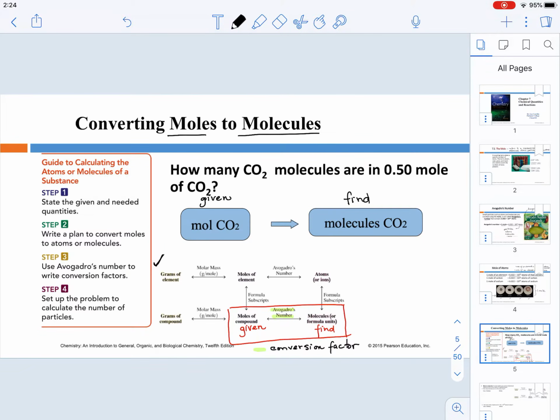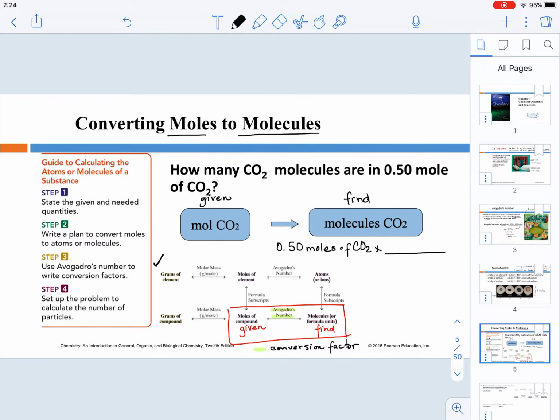So I'm going to read the amount that was given to me. 0.50 moles of CO2. And because I only have one conversion factor, then I'm only going to write one line. And remember, whenever we have conversions, we can set it up as an equality in the form of a fraction.